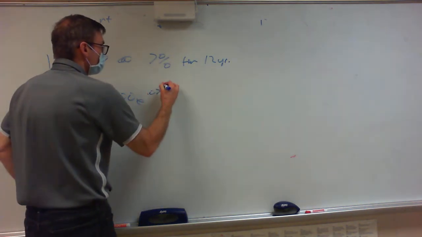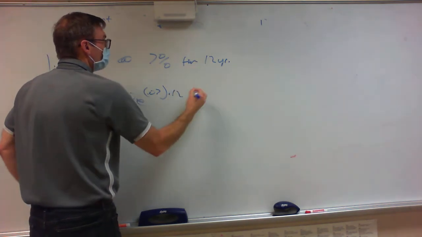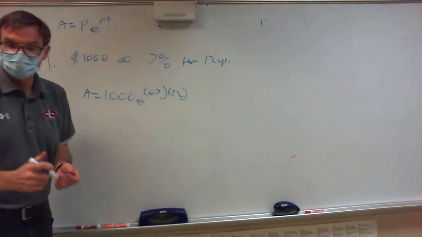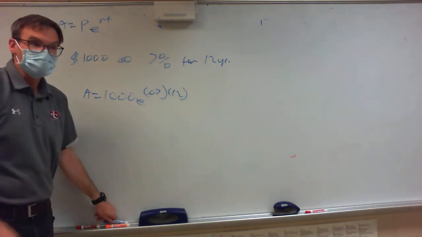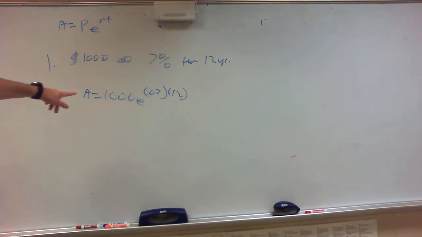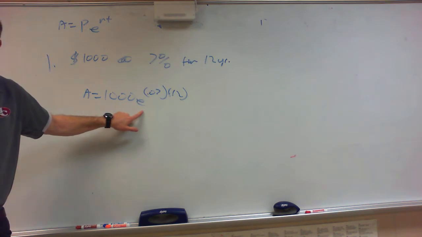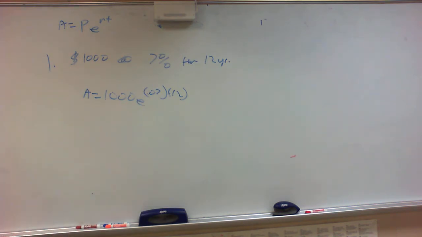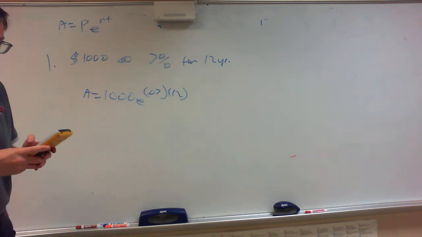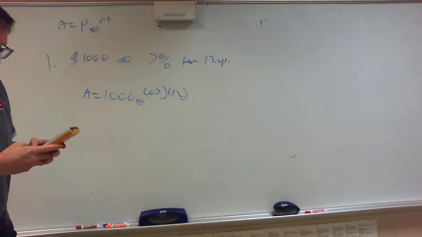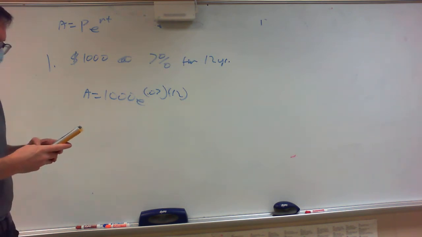So I do 0.07 times 12. The reason I wanted everybody to have a calculator is I want you to type this in. That E button, it's right above the natural log button, right? So everybody type it in. Let's make sure we all get the same answer. So I'm going to type in 1,000 e to the 0.07 times 12.